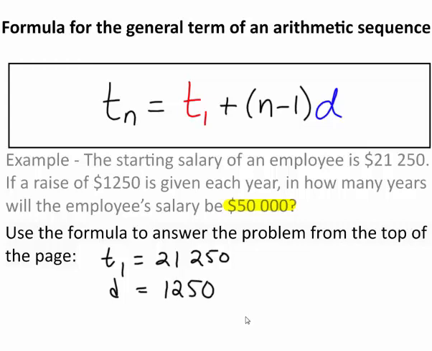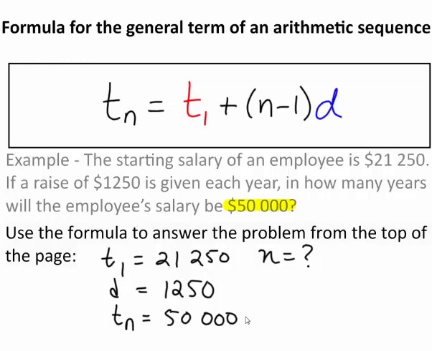And we know that at the very end of all of these changes, we land at $50,000. What we don't know is how many years it took to get there. How many times did we add on our salary increase? So what we're actually looking for in this problem is, what does n equal? Which means hopefully we know Tn. And Tn is the last term in our list.